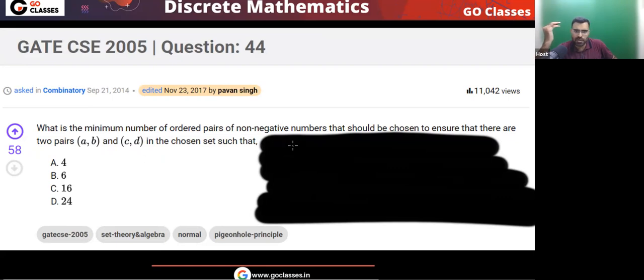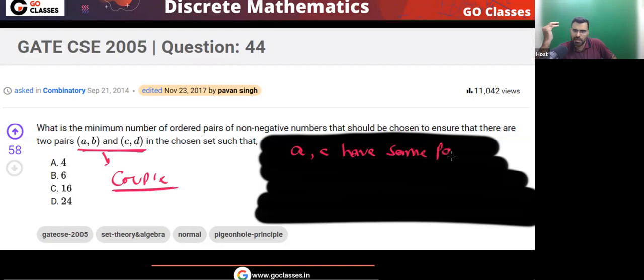Okay, now you tell me the answer for this question. You want this type of couple which satisfies this condition: A, C have the same parity, and B, D have the same parity.